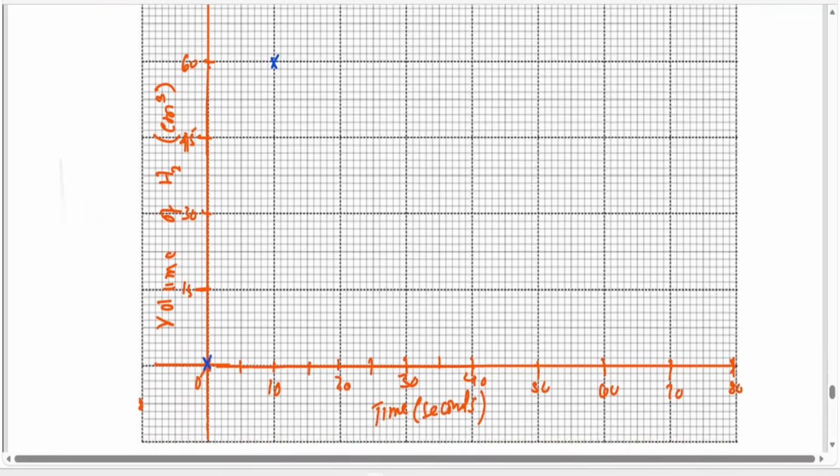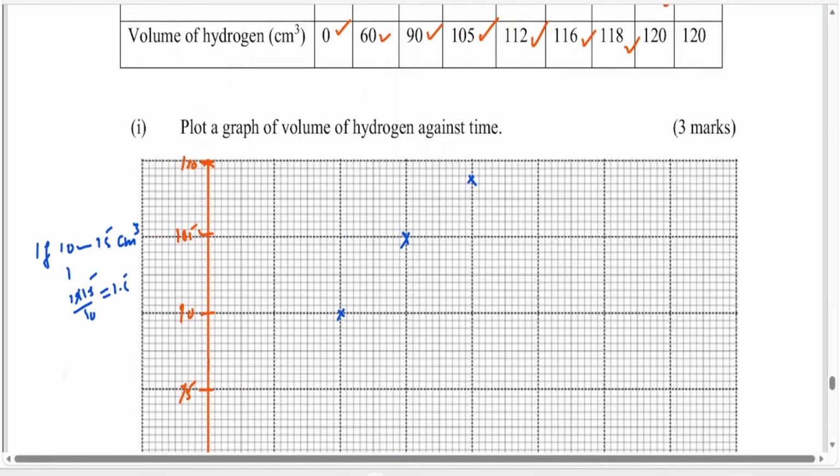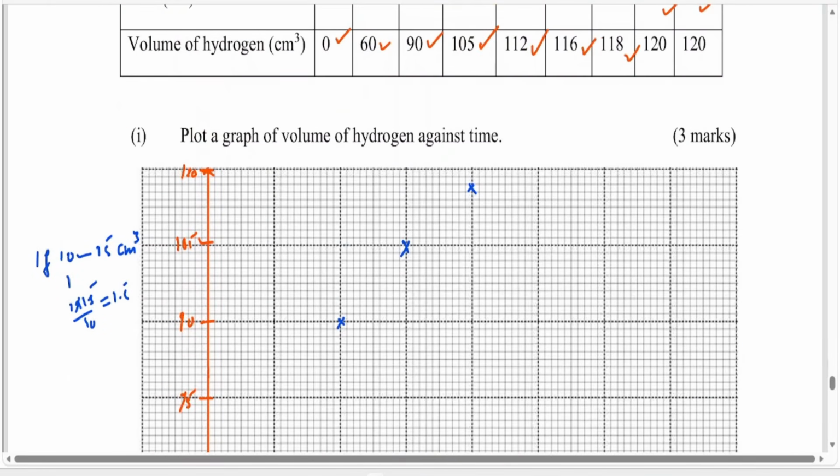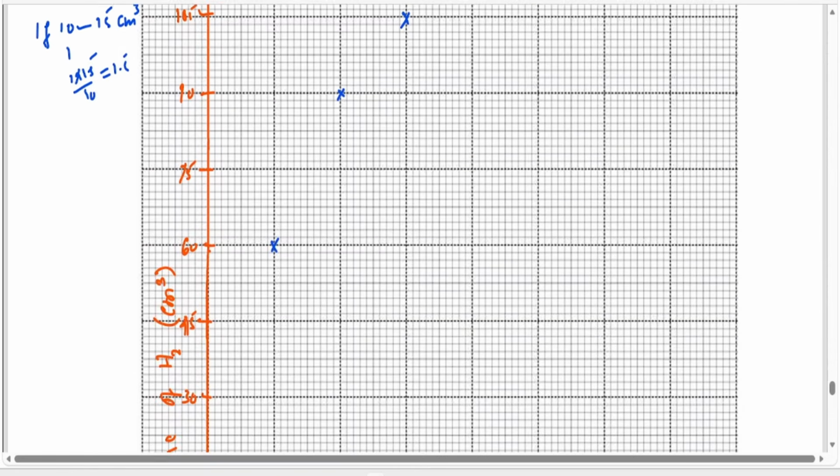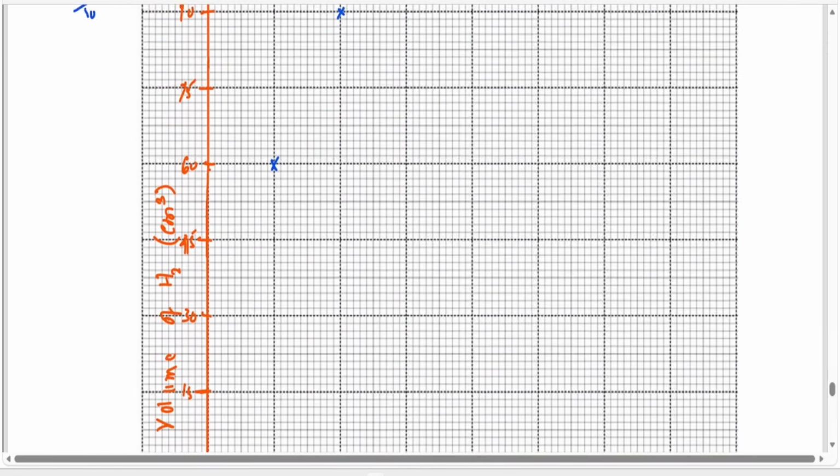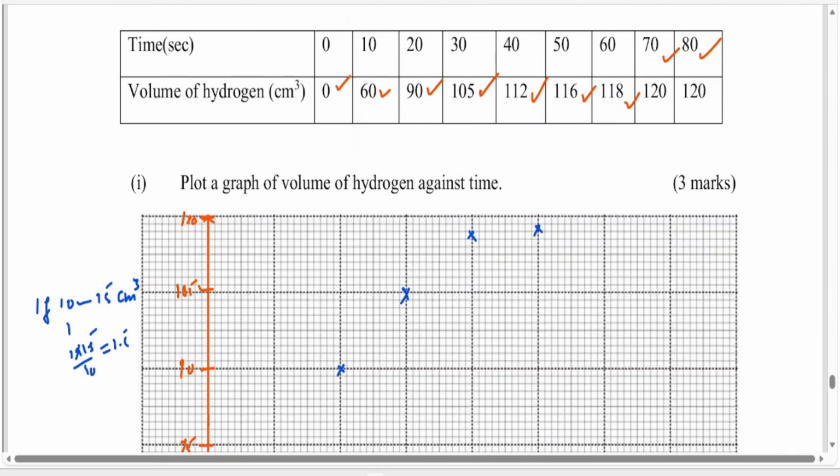Then we have 116, somewhere here, and then 60, 118, somewhere there, and then we have 70, 120.